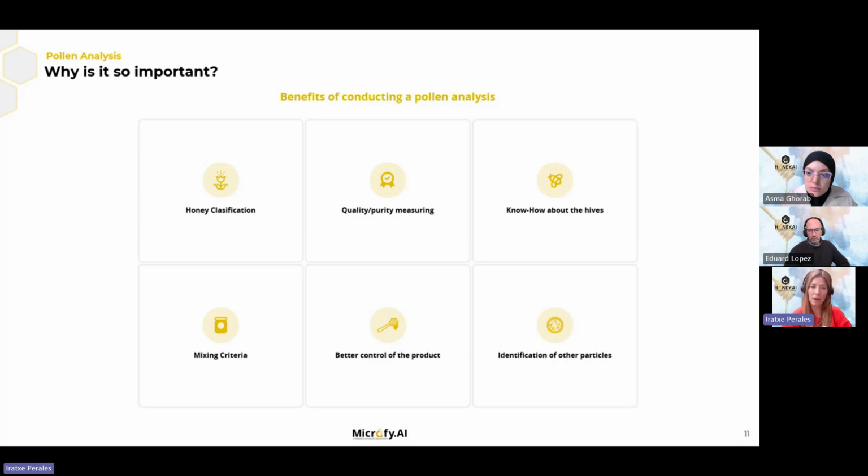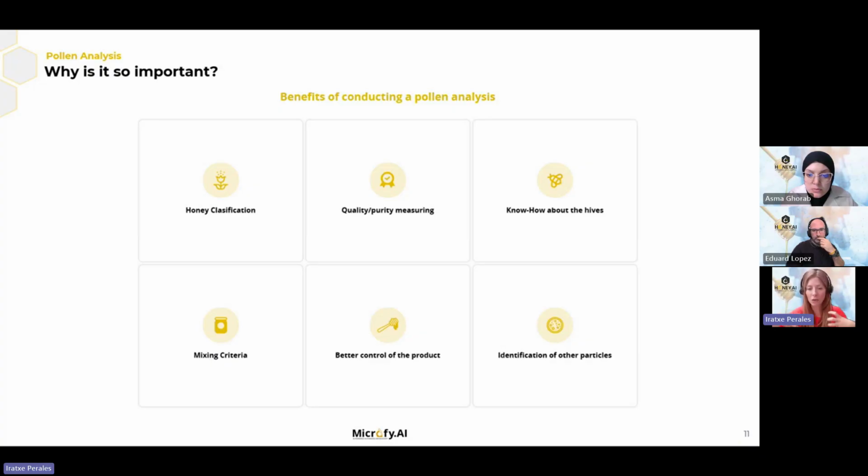Also for honey packers, when you have to mix different types of honeys, the pollen analysis helps you to identify the best mixing criteria. We will show you the intelligent calculator that we have for honey packers. Also, to better control your product, not only at the beginning of the process, but during the process and at the end. And also because during the pollen analysis, we can identify other particles, not only pollen.